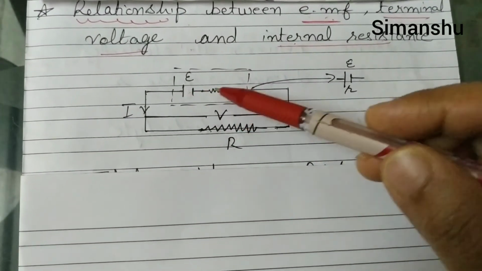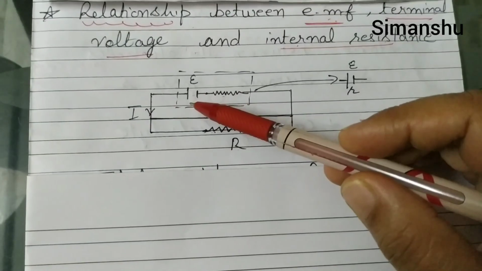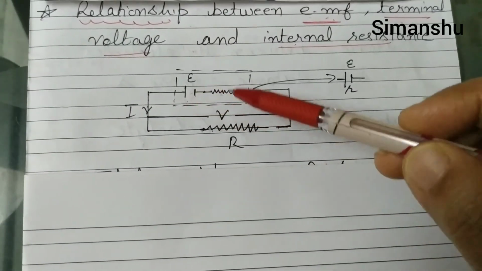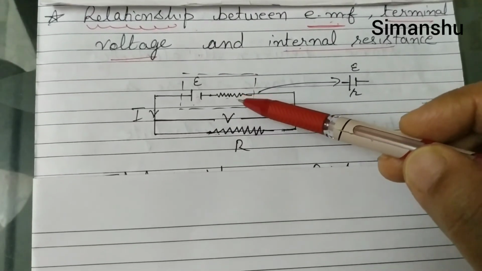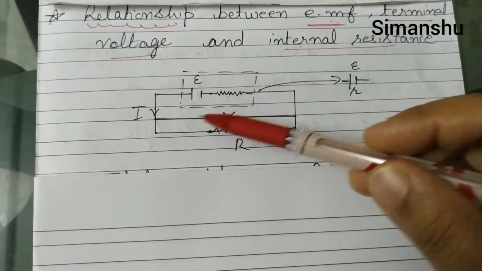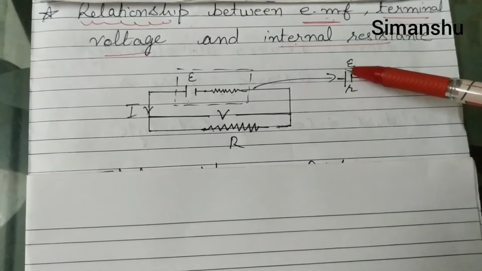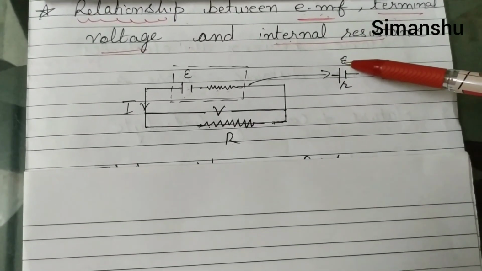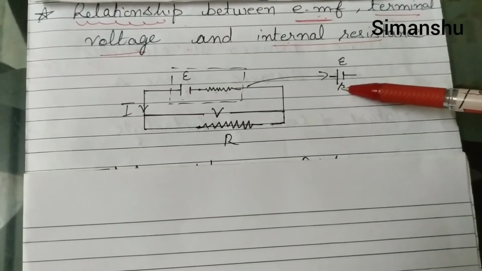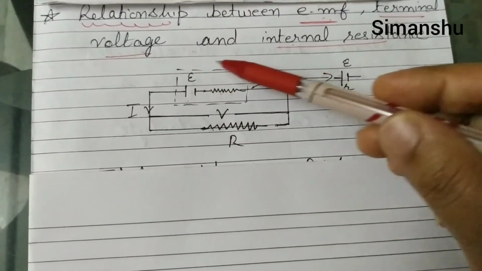You can make it like this also: here I made a symbol for the cell and here a symbol showing resistance. To avoid any confusion, you can simply make it like this: on one side of the cell you can write epsilon, the EMF, and on the other side r. So these two things are together.